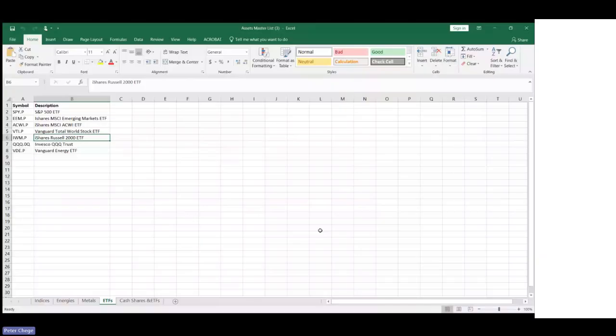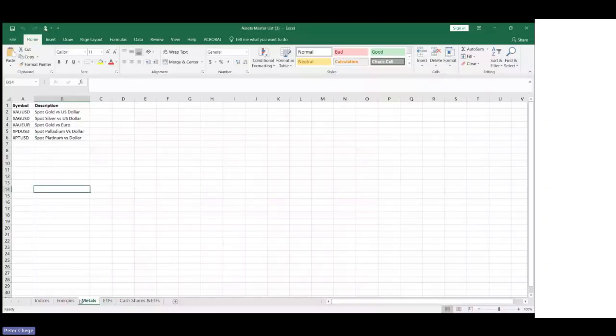So what we have at the ETF, we have S&P 500, we have iShares, emerging markets. Then we have Vanguard ETF. We have Russell. We have Invesco, QQQ. Then we have Vanguard. Then metals, this is what is there.